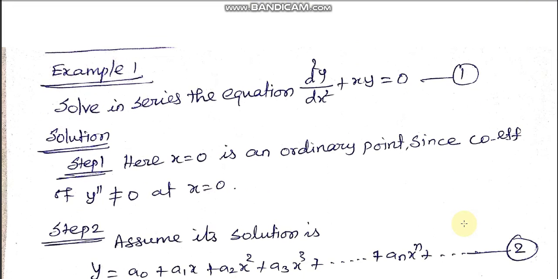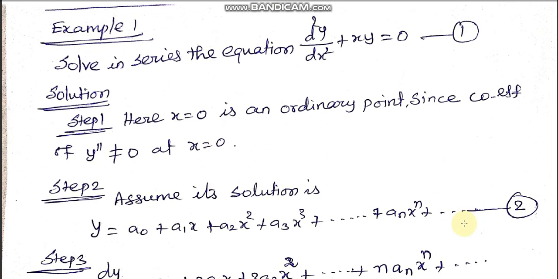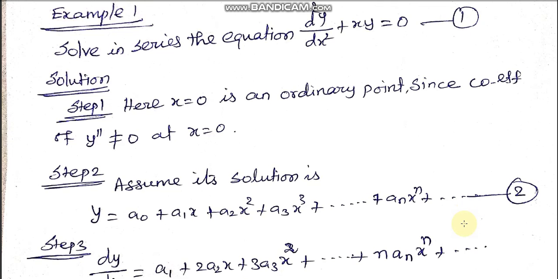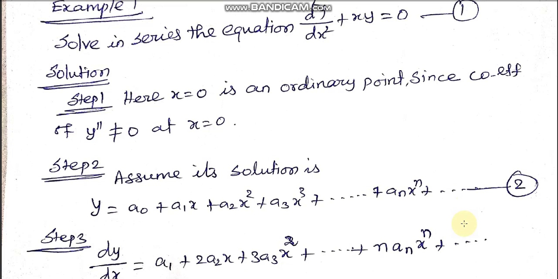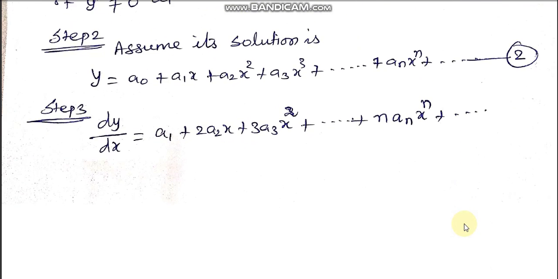This is our example 1. Solve in series the equation d square y by dx square plus xy equal to 0. Let us call the given equation equation 1. Step 1, put x equal to 0 and check that it is an ordinary point. Step 2, assume the solution, that is equation 2.